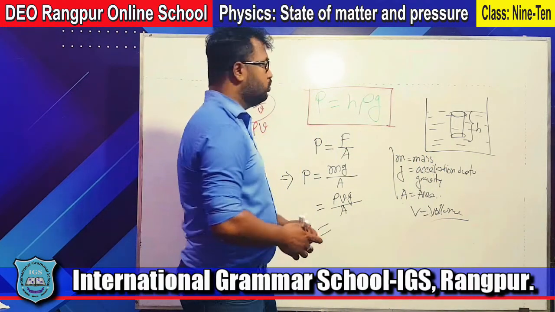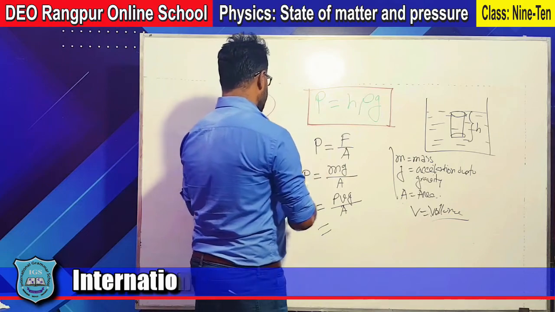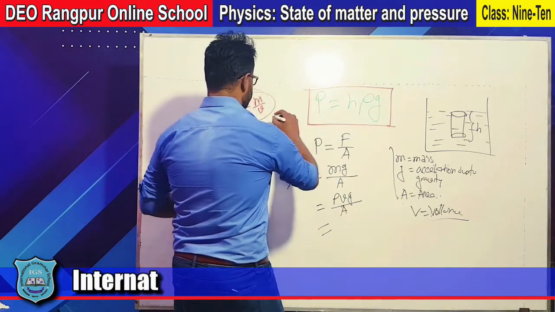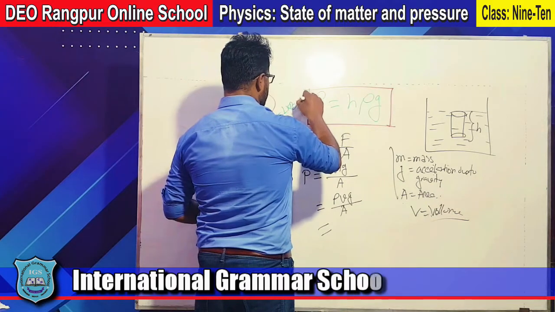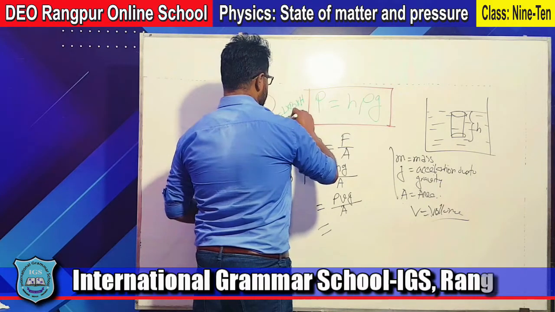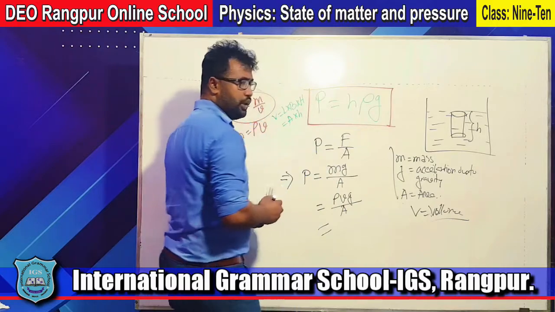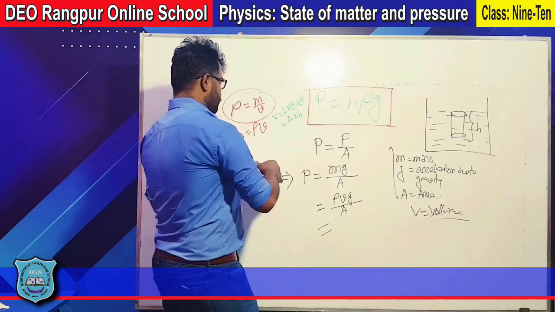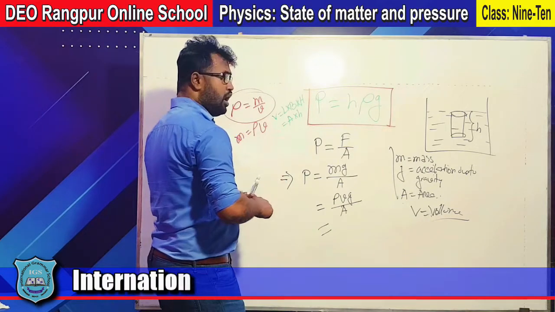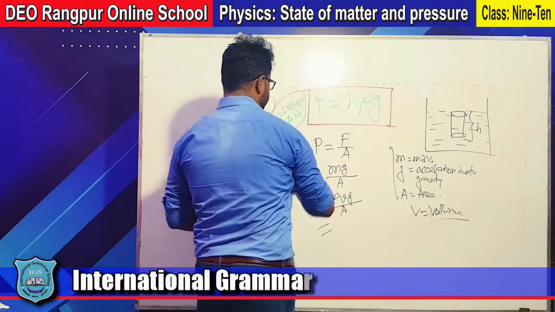Already we know the volume V equals length into breadth into height. That means area into height, V equals area into height.